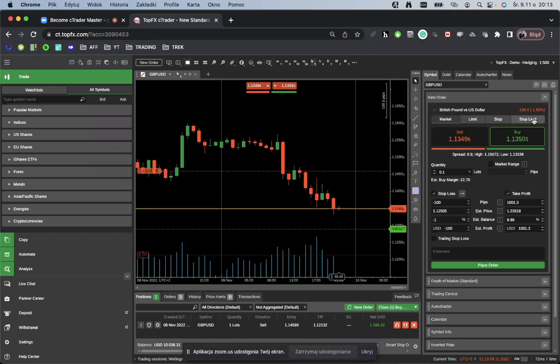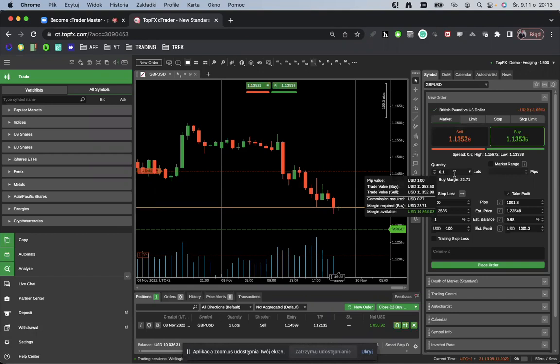So let's just start with the basic order, which is the market order. As you can see here, if I click on sell or buy, I'm going to place a trade on, in our example, the cable, British pound to American dollar, and I set my quantity. Let's say I will trade mini lots.